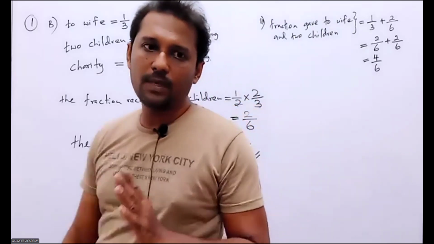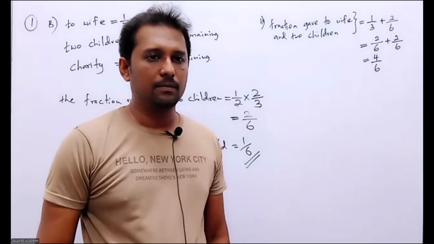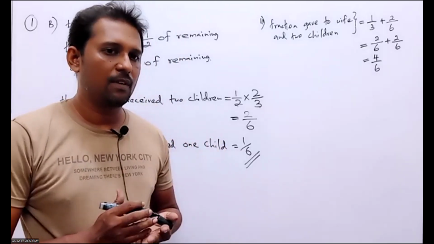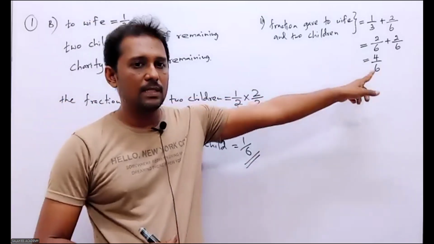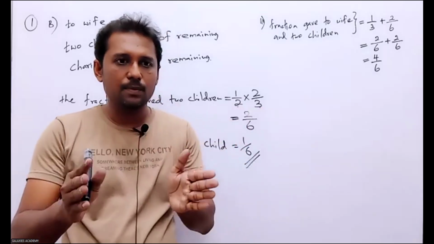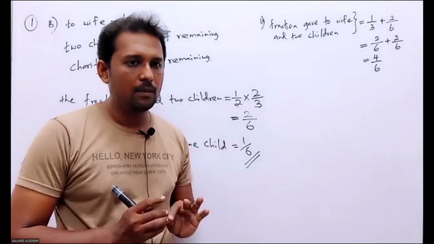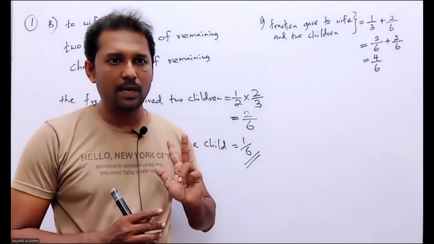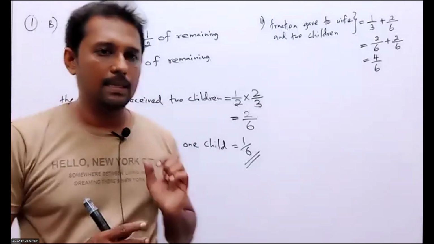Right? 4 over 6. Then what is the fraction remaining with him after giving to wife and 2 children? He gave 4 over 6, no? After dividing into 6 parts, 4 parts he donated to wife and 2 children. Then another 2 parts remaining, no? So what's the remaining fraction? 2 over 6.